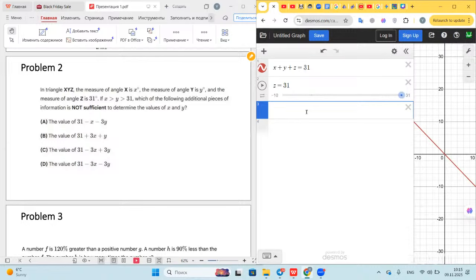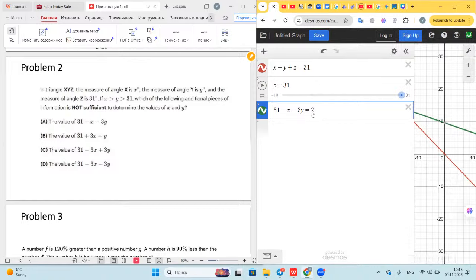Let's try. For example, the first option, 31 minus x minus 3y equals some number. Let's say it's equal to 2.